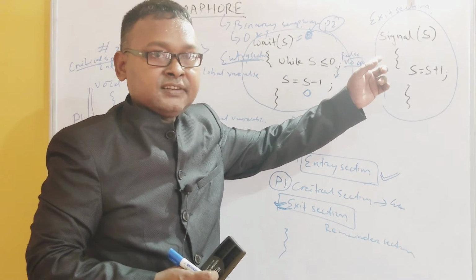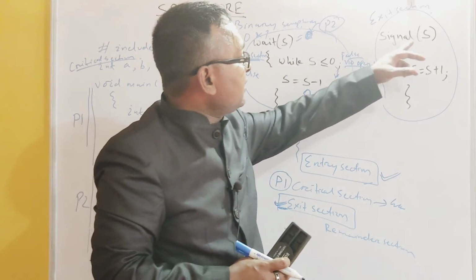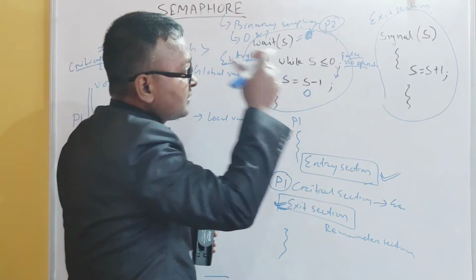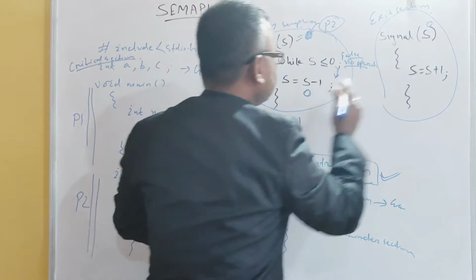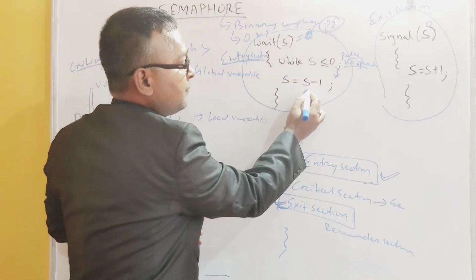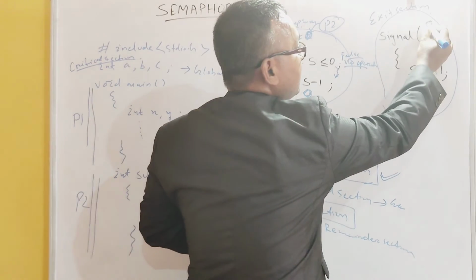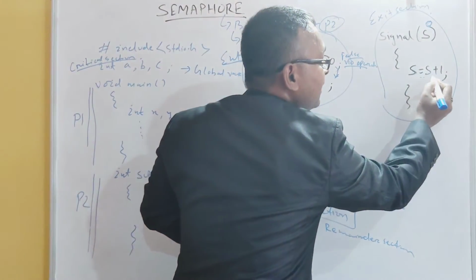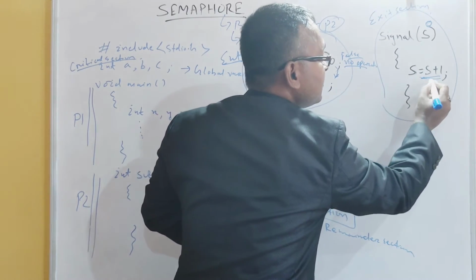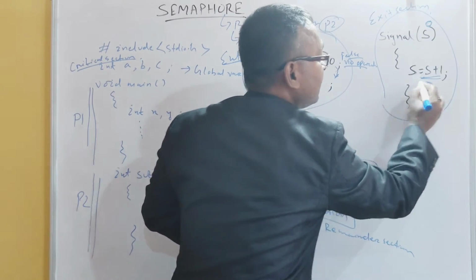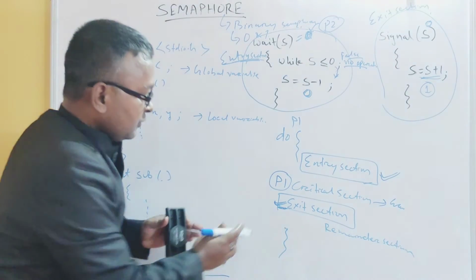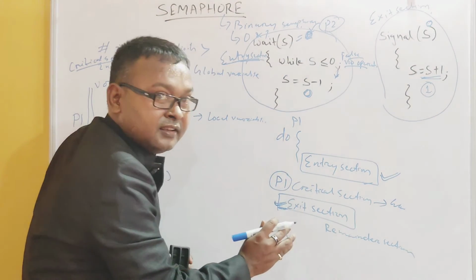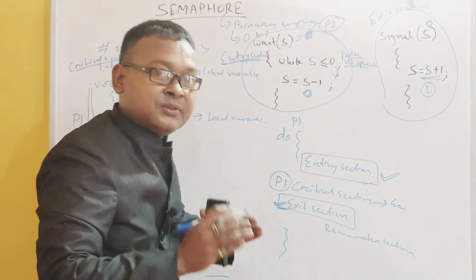Exit section means it needs to execute the signal operation on semaphore S. So what is the value of semaphore S? It has been set over here as 0, right? So right now it will increment the semaphore value from 0 to 1.